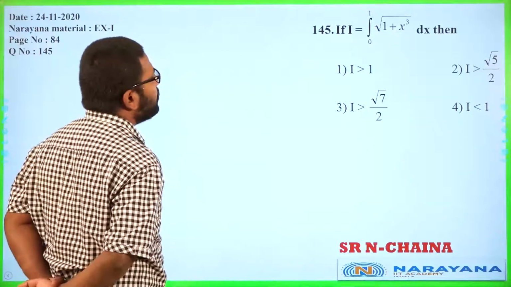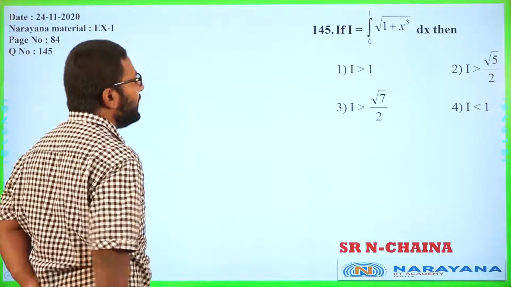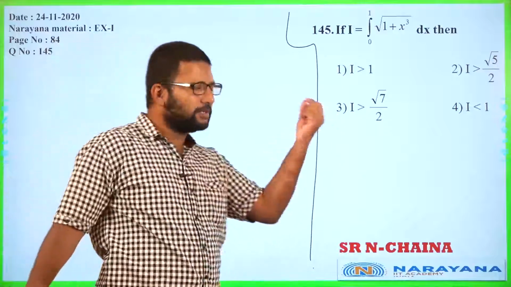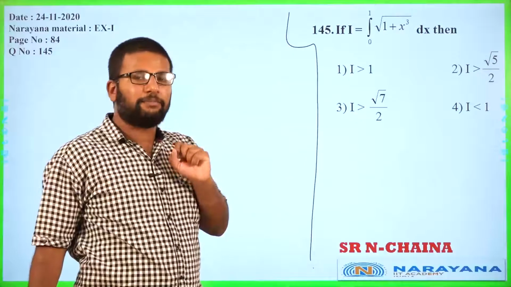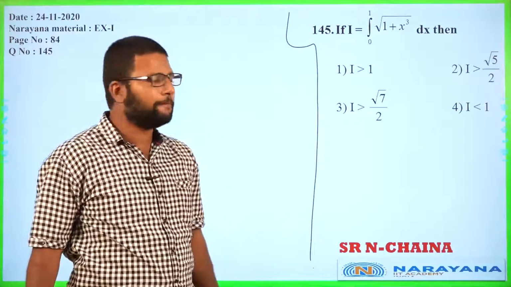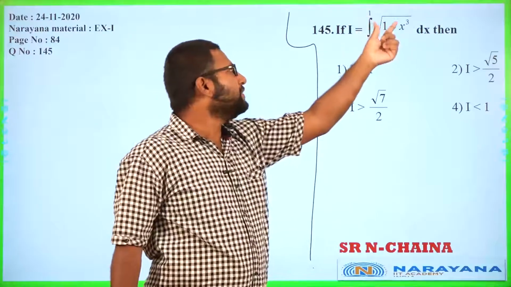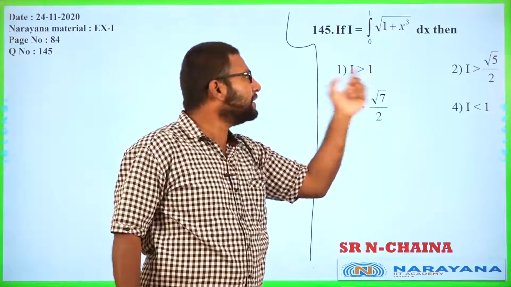I1 is the integral from 0 to 1 of the cube root of 1 plus x cube dx. Then which of these things can we conclude? Usually in these kinds of questions the options can give us some hint, but a lot of guesswork is required. So you need to think: integral 0 to 1, which function should I have here so that the integral gives us 1?